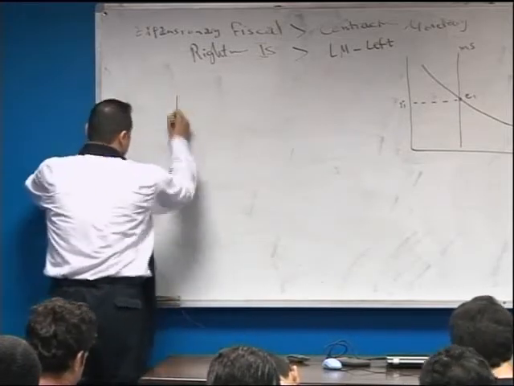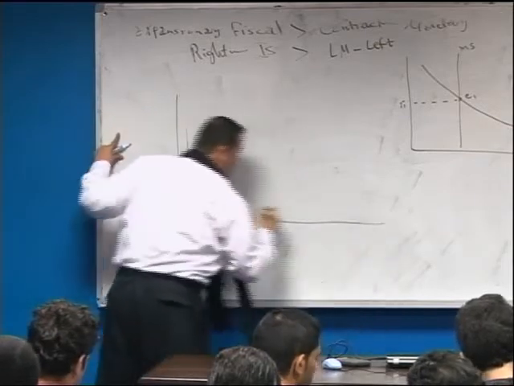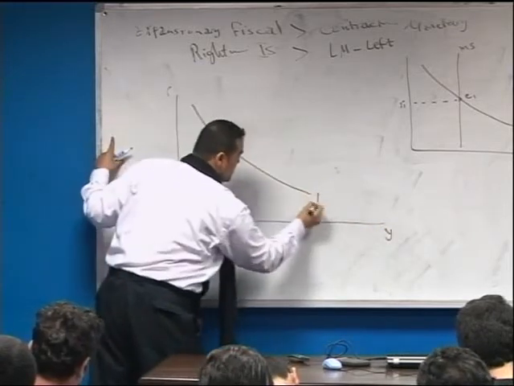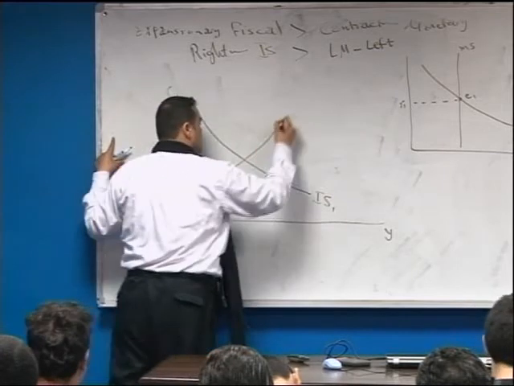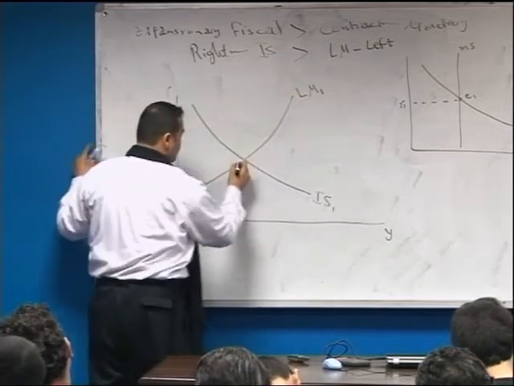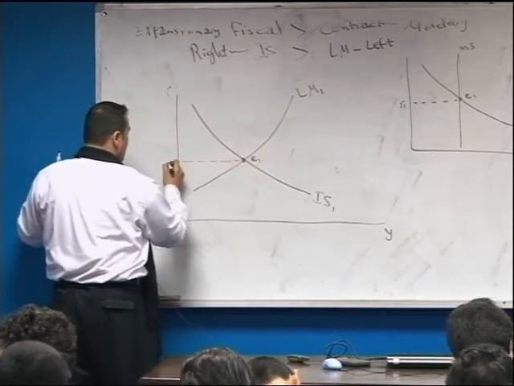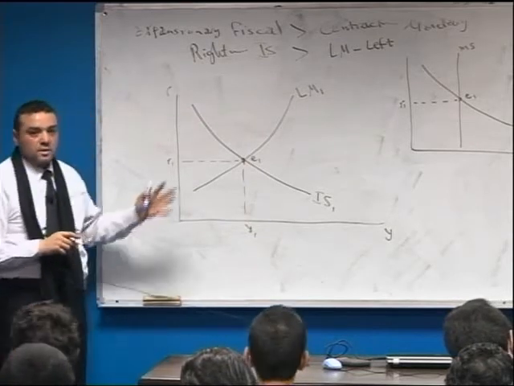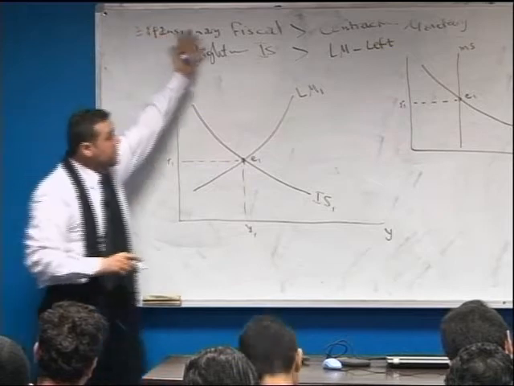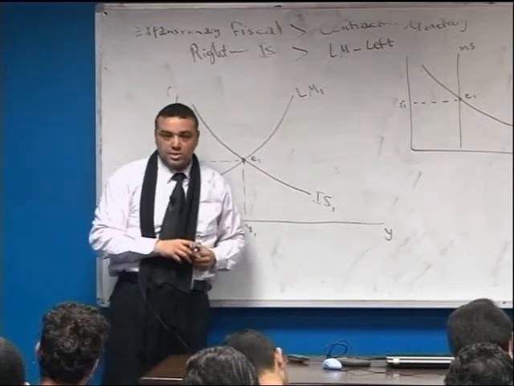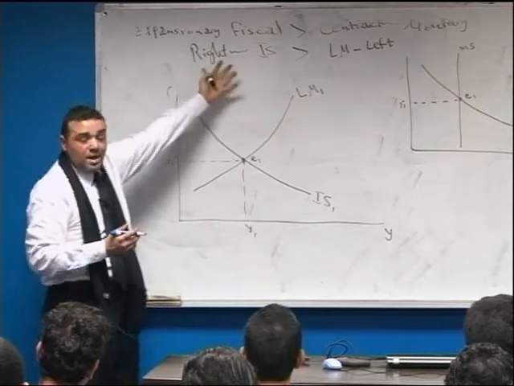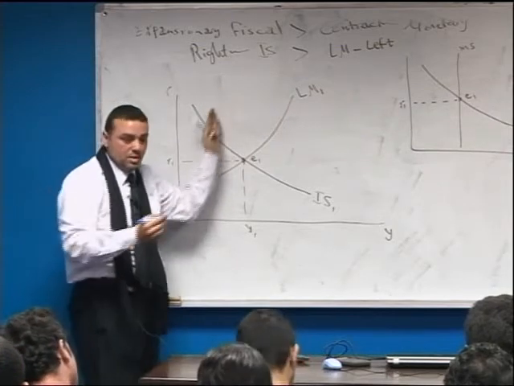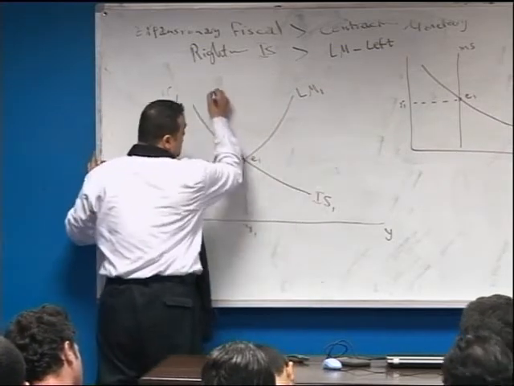So this is R, Y, IS1, LM1, A1, R1, Y1. Our assumption is the expansionary fiscal policy is greater or larger than the contractionary monetary. هنا في عندي rightward shifting بالIS كبير greater than the leftward shifting في LM. مظبوط. So suppose that the IS increase to IS2.